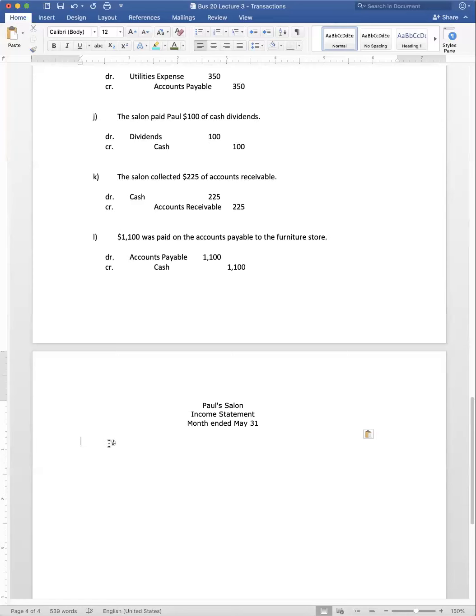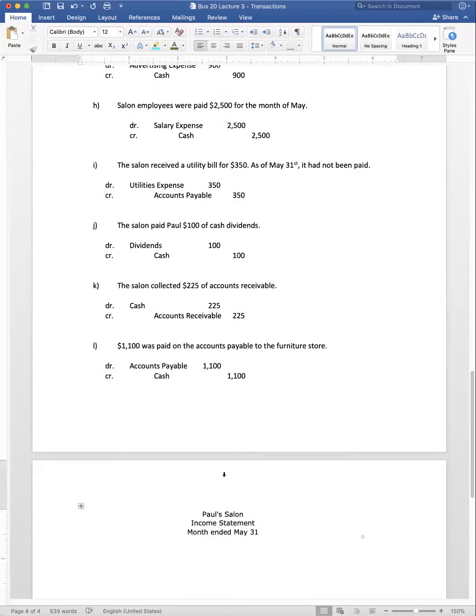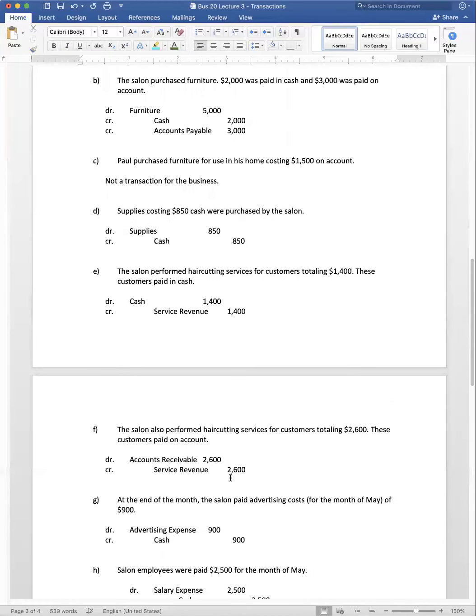Now let's prepare the income statement. The income statement we learned last time is revenues minus expenses. So we're going to start with our revenues. With this company, we have one kind of revenue, service revenue. Now, how much service revenue do we have? Well, let's see.